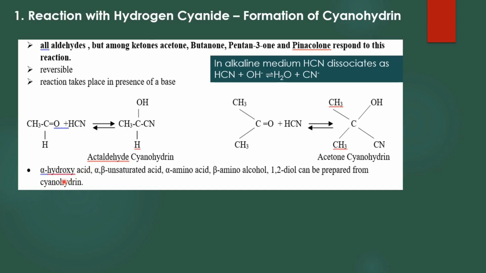Reaction number 1, reaction with hydrogen cyanide. Both aldehydes and ketones combine with hydrogen cyanide to form cyanohydrins. All aldehydes can form cyanohydrins, but among ketones, acetone, butanone, pentan-3-one and pinacolone respond to this reaction.